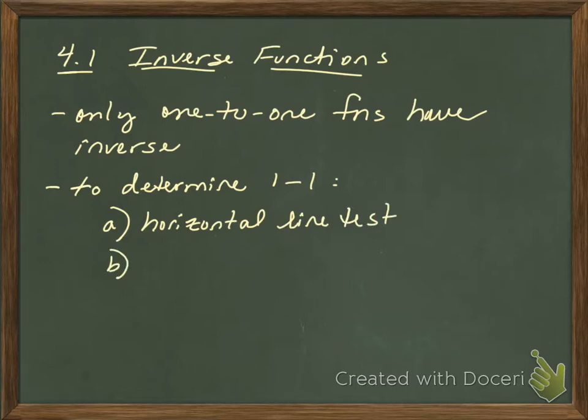The other way is using the definition of one-to-one functions. You need to show that f of A equals f of B implies A equals B. So we can use the horizontal line test or the definition, and we'll do a little bit of both.